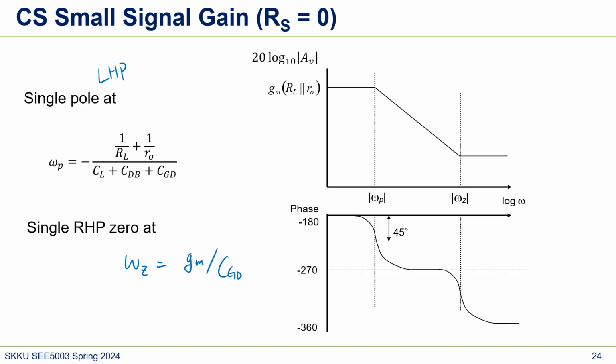So basically at the zero, the gain will have plus 20 dB per decade. So here was minus 20 dB per decade, and now we have the zero, so it becomes flat again.